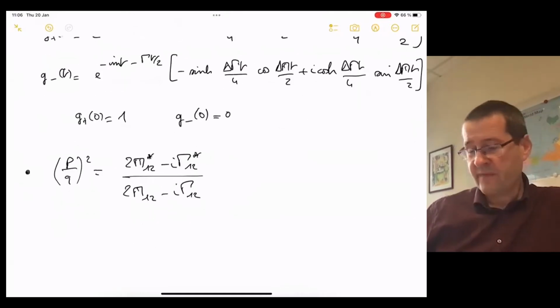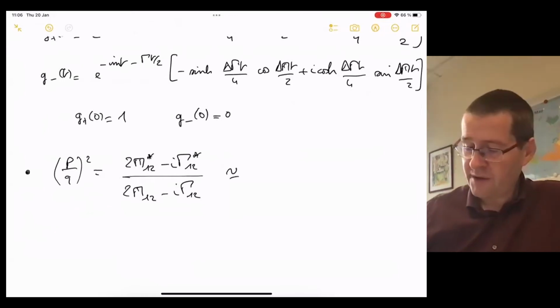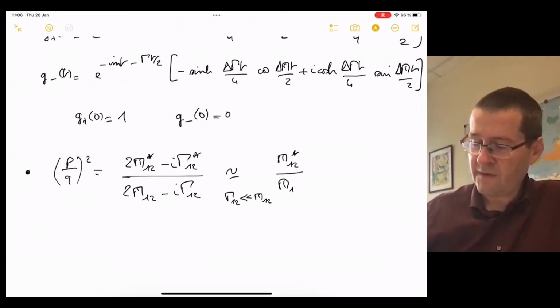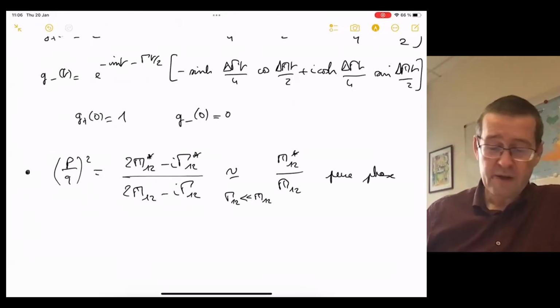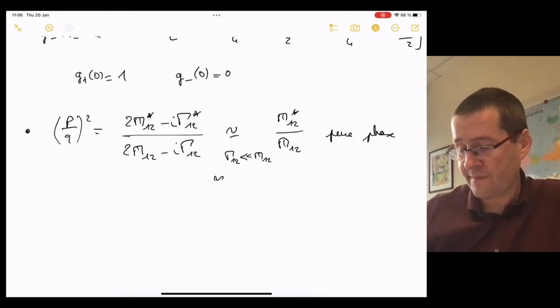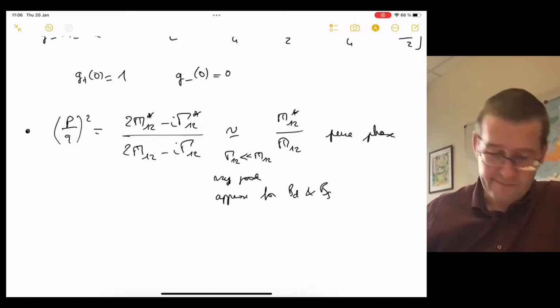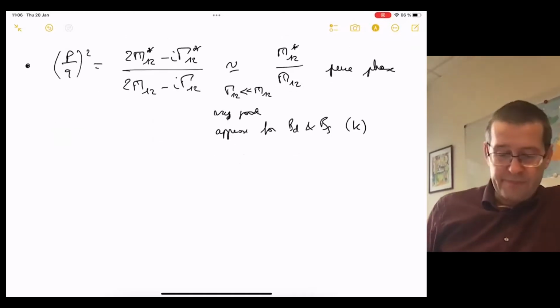And so in the situation where gamma 12 is much smaller than M12, it becomes just this, so it's a pure phase. And actually, it turns out that it's a very good approximation for B_d and B_s, as well as for K, actually.